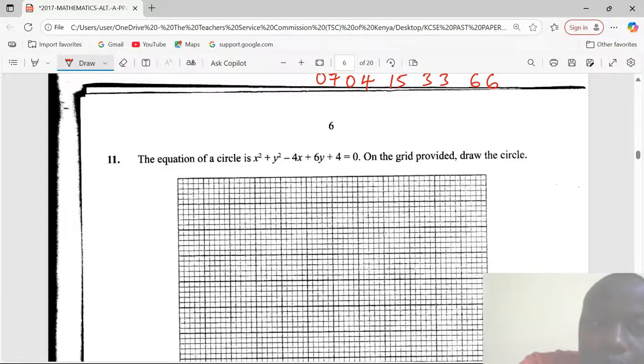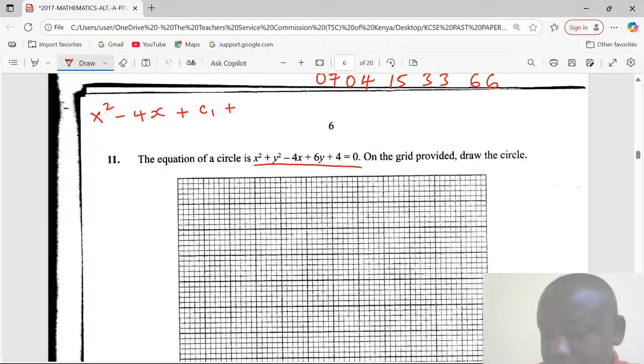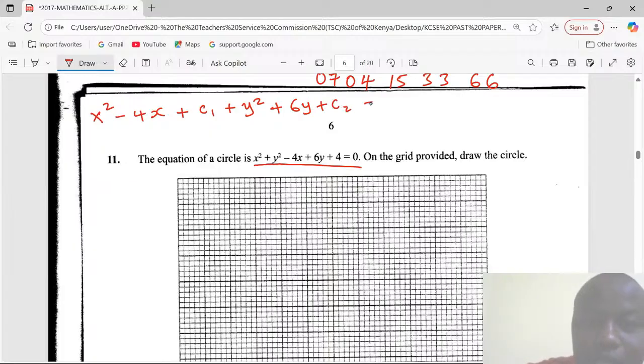So we need to expand this, whereby we first group the x components together, x squared minus 4x, and we add a constant here. Then the y part, y squared plus 6y plus another constant.